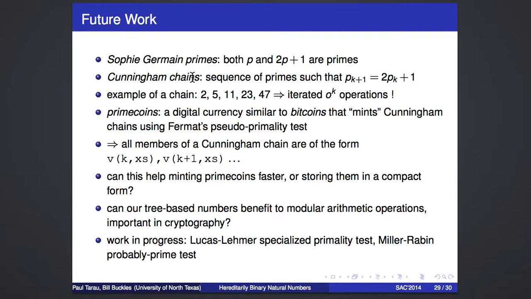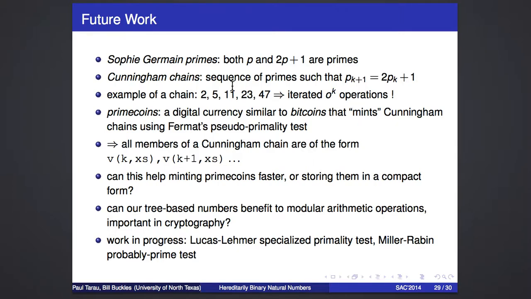If you put them together to form a sequence, then you get Cunningham chains. So they are just Sophie-Germain primes, but chained together. An example of such a chain is 2, 5, 11, 23, 47. So 2 times 2 plus 1 is 5, times 2 plus 1 is 11, times 2 plus 1 is 23, and so on. They can be seen as iterated O at K operations, actually.